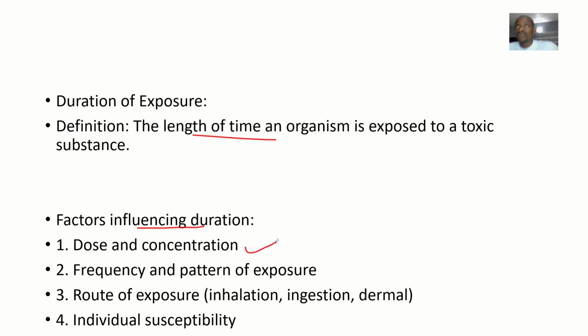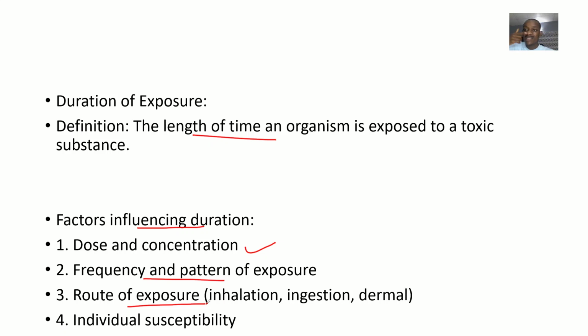Let me say, for example, I'm exposed to 5 mils of something for 10 hours. Then I'm exposed to 500 mils of that thing for 10 hours. Of course, the 500 mils will cause more problem. So, dose and concentration, frequency and pattern of exposure. Am I exposed steadily, or is it coming and going, coming and going? Do you understand?